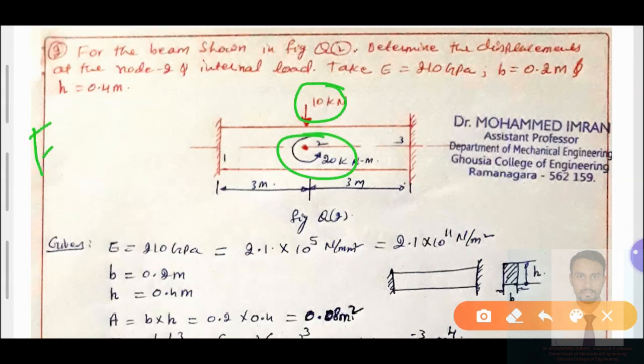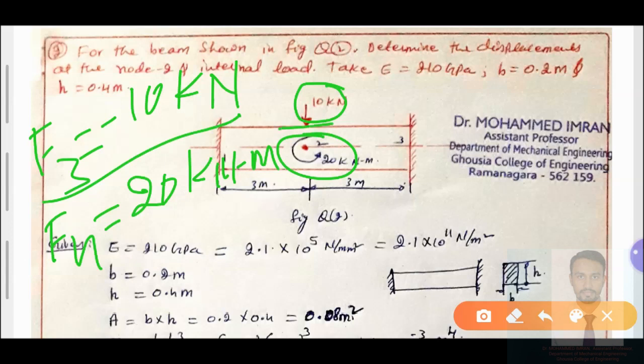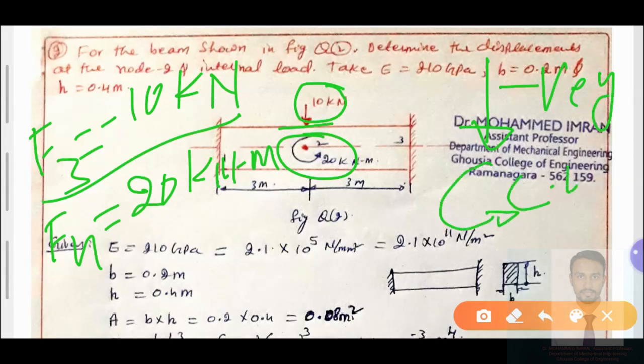That means F3 is equal to minus 10 kilonewton and F4 is equal to plus 20 kilonewton meter. Why? The force F3 is applied vertically downwards in the negative y-axis, and the moment applied in the clockwise direction is taken as positive.